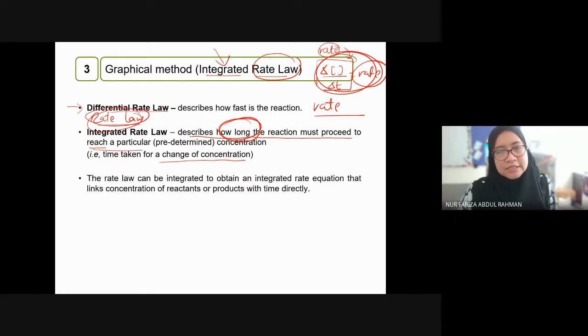The rate law can be integrated to obtain an integrated rate equation. So once the rate law has been integrated, we would call it an integrated rate equation that links concentration of reactant or product with time, which we don't have in the rate law.